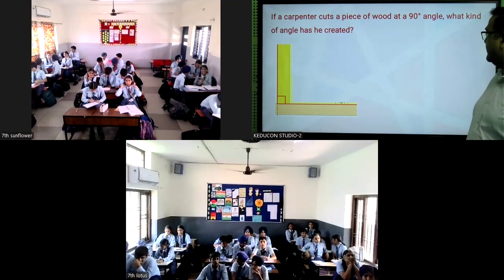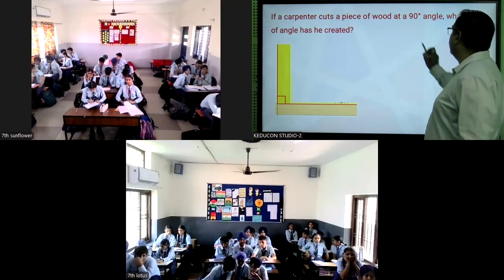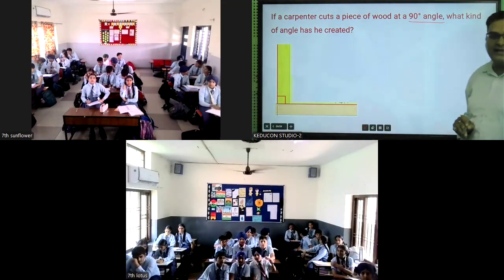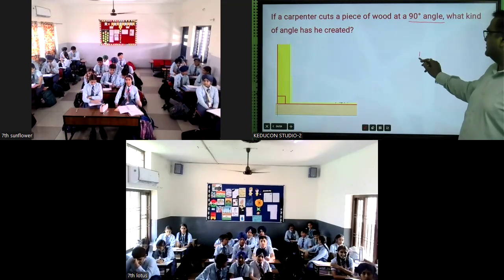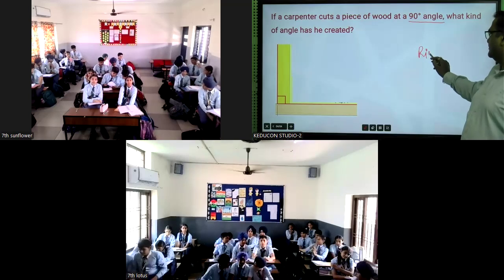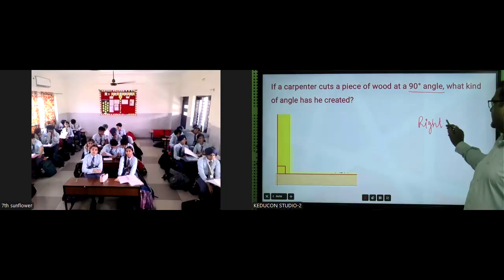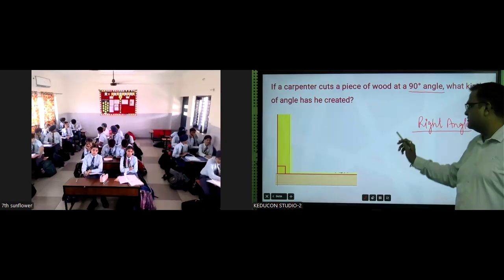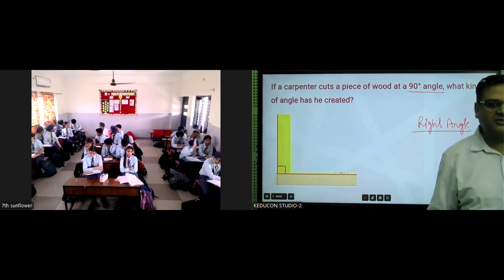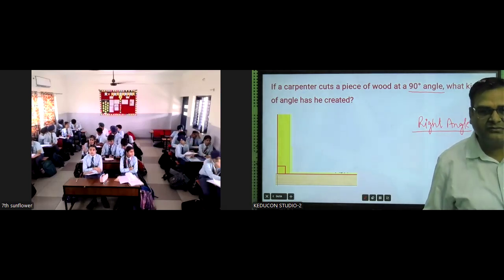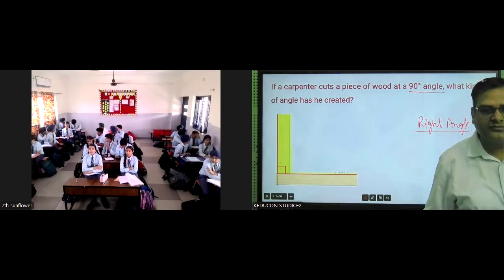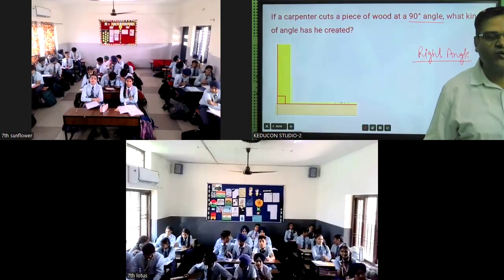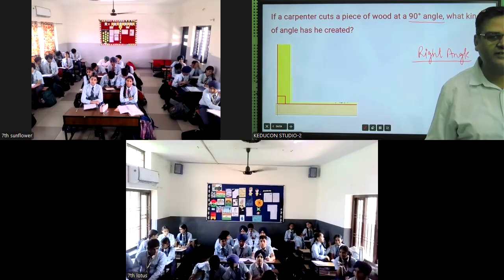What is the name given to the 90 degree angle? Right angle. Have I not explained this, students? The angle of 90 degree is known as right angle.